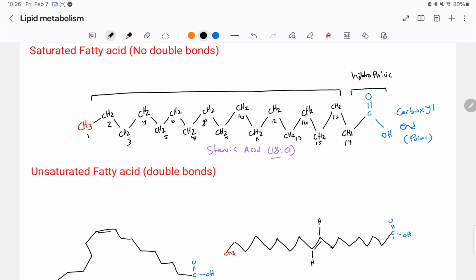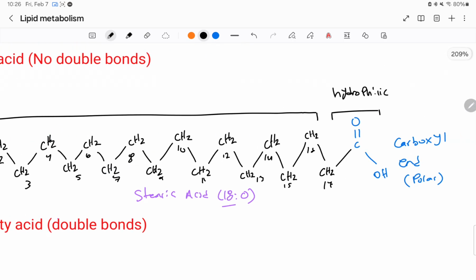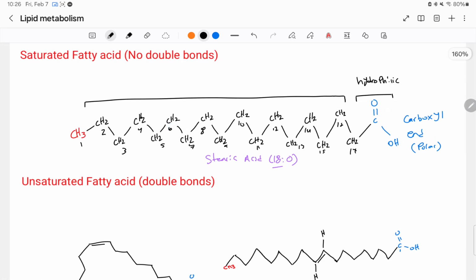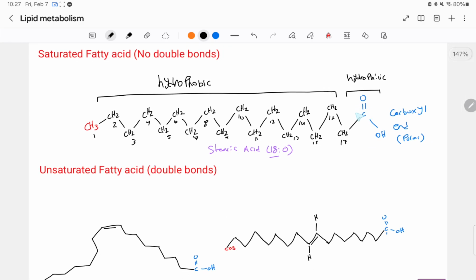A hydrocarbon chain. Why? Because you have a hydrogen and a carbon. So we say it's a hydrocarbon chain, this entire length. The rest of this hydrocarbon chain is hydrophobic. It doesn't like water. It's not water soluble. Now, we'll talk about solubilities a little bit later, but generally fats are not water soluble, and you guys should know that.